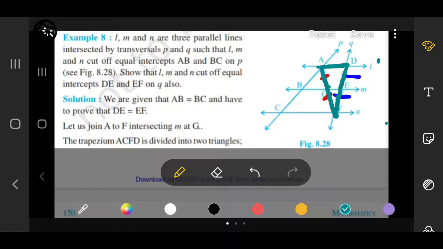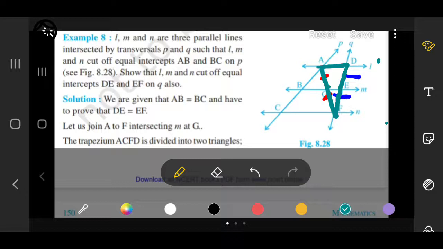Then by using the converse of the midpoint theorem, the line passing through the midpoint of one side and parallel to the second side will bisect the third side.